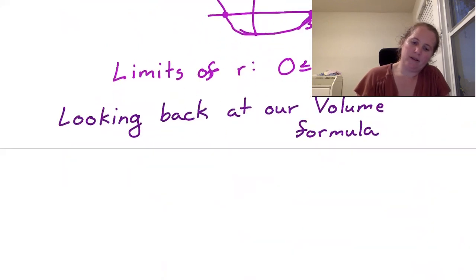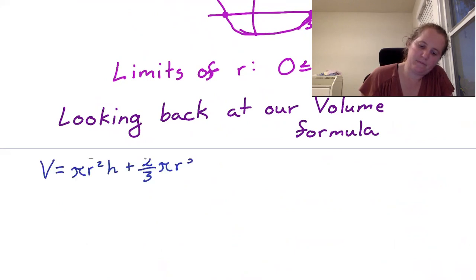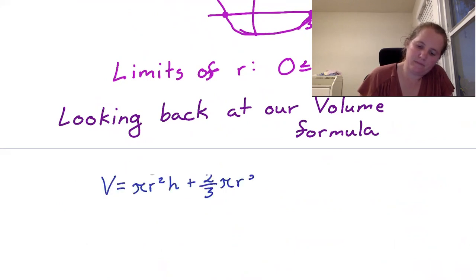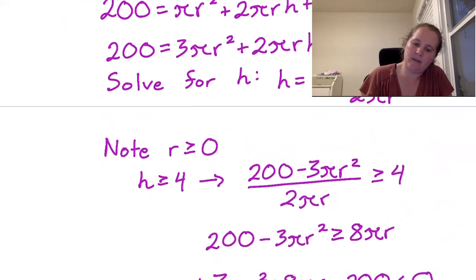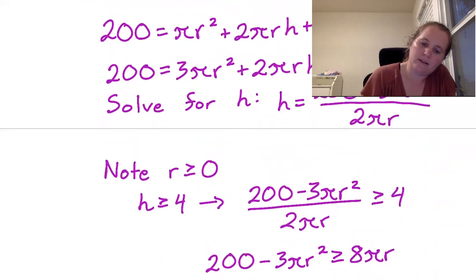So let's go ahead and add that down here. So it's 2/3 pi r cubed. And then the other piece of information we had was that h was 200 minus 3 pi r squared all over 2 pi r.